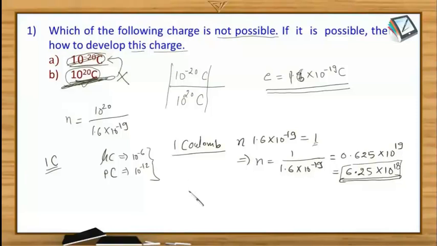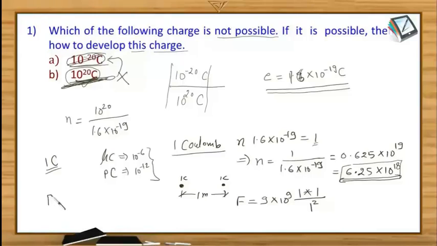There is one more way to understand its quantity, that how big is 1 coulomb. Suppose there is 1 coulomb charge and there is another 1 coulomb charge, and both are suppose kept at a separation of 1 meter. Then according to Coulomb's law, what will be the force acting between these two? So F will be 9 into 10 raised to the power 9 into Q1, which is 1, into Q2, which is 1, divided by distance square, which is 1.